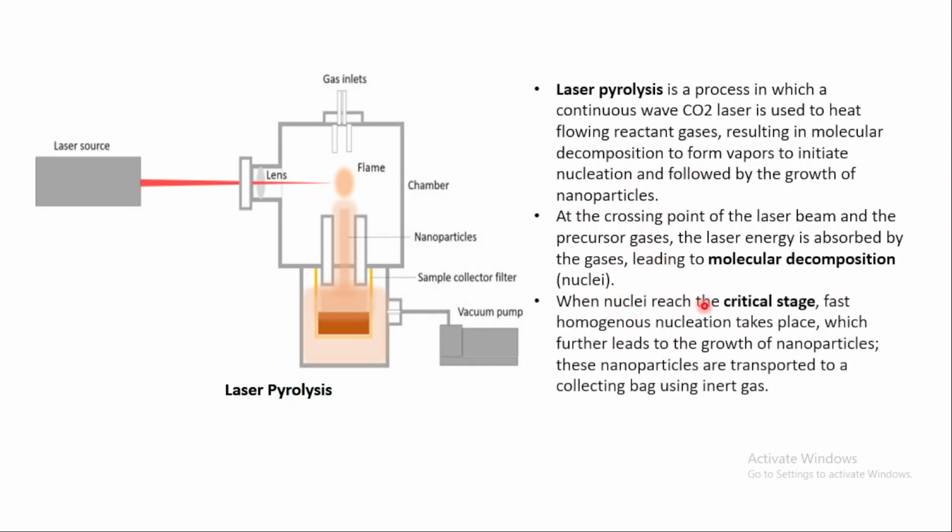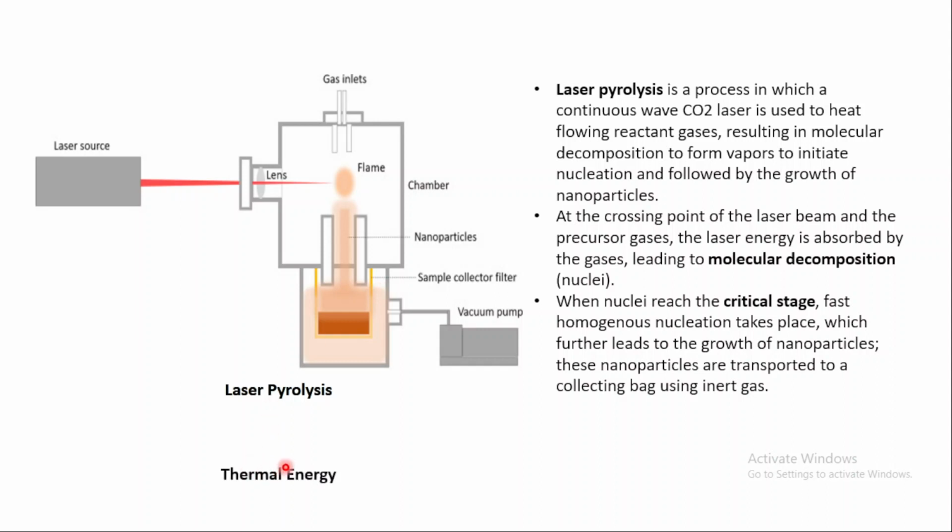And when nuclei reach the critical stage, these molecular decomposition nucleation centers, fast homogeneous nucleation takes place, which further leads to growth of nanoparticles. And then these nanoparticles are transported to the collecting bag using inert gas. So this vacuum pump and all will provide an inert gas and circulate it, while these nanoparticles which have started nucleation from the vapor state will be collected on the sample collector filter.